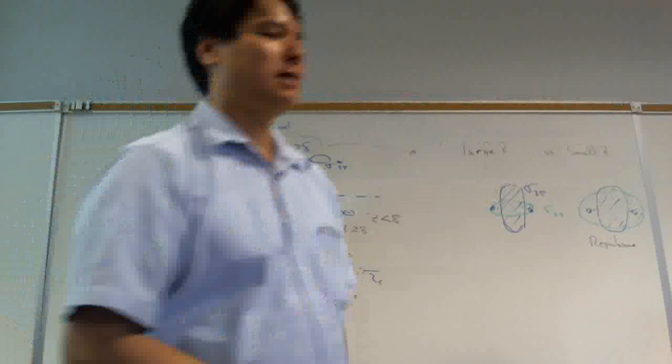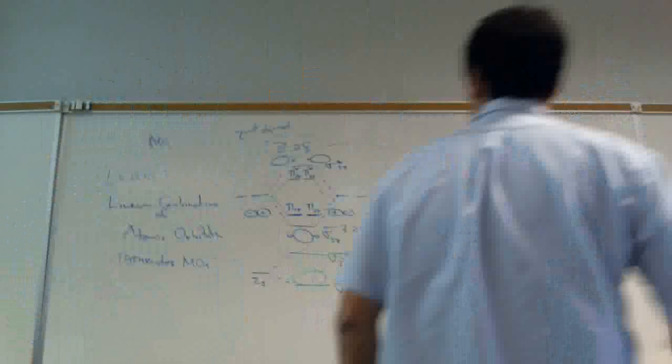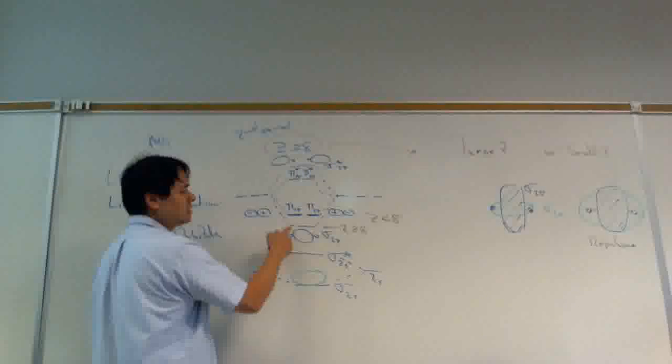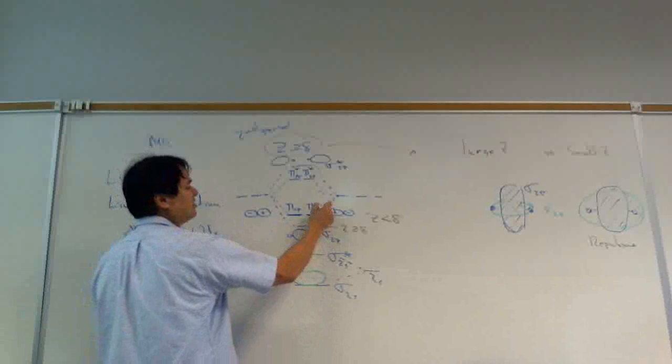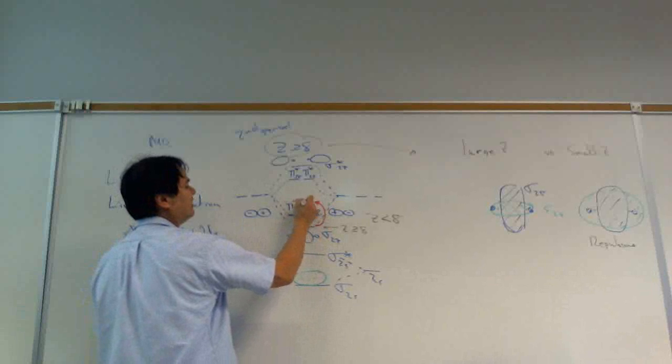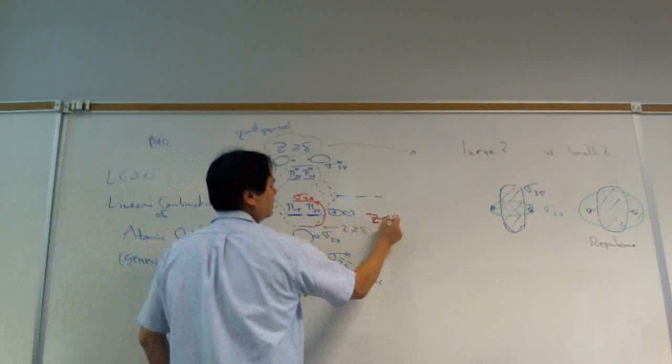If z becomes less than 8, then the sigma 2p and the sigma 2s interfere with each other, and it destabilizes the sigma 2p. Pops it up here. So this is z less than 8.